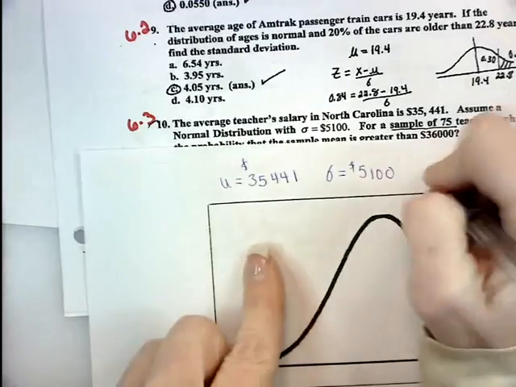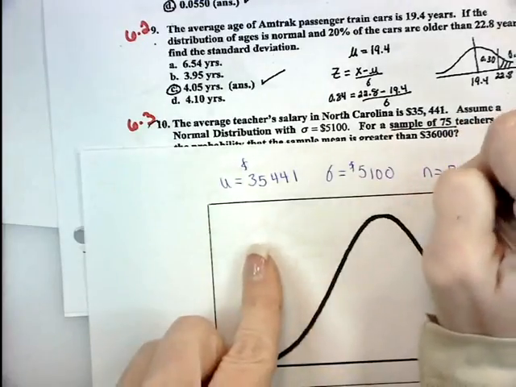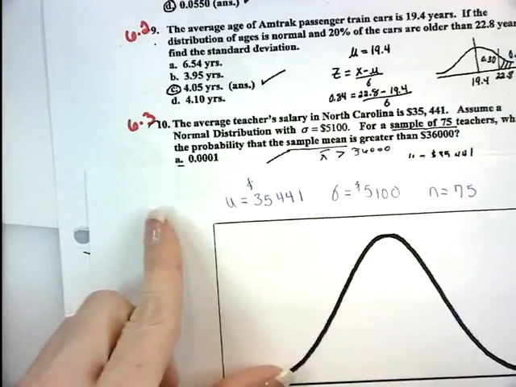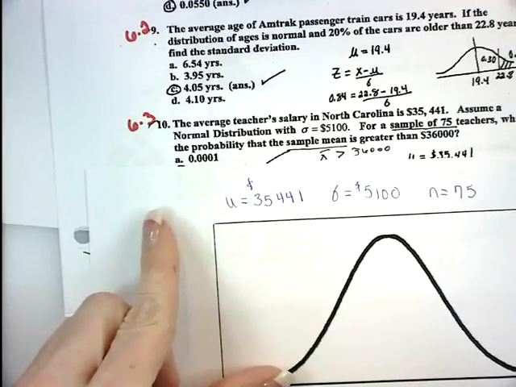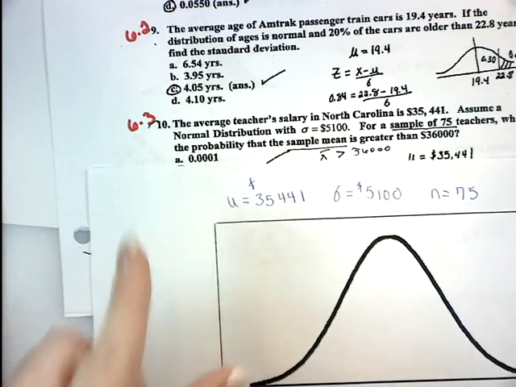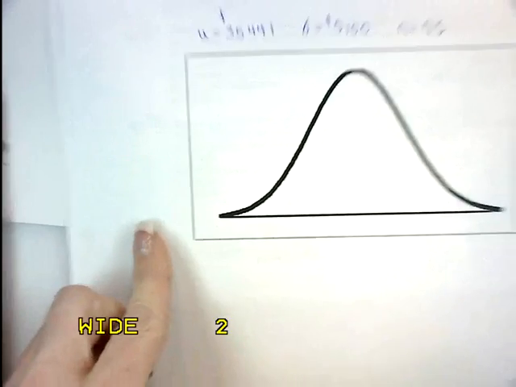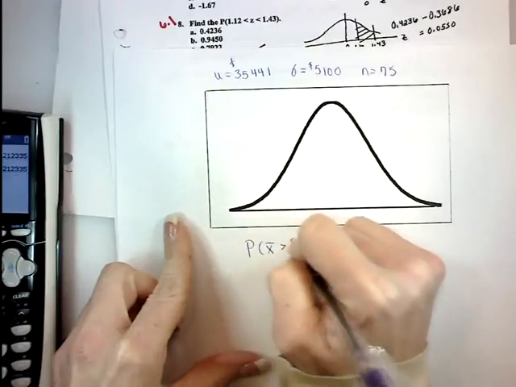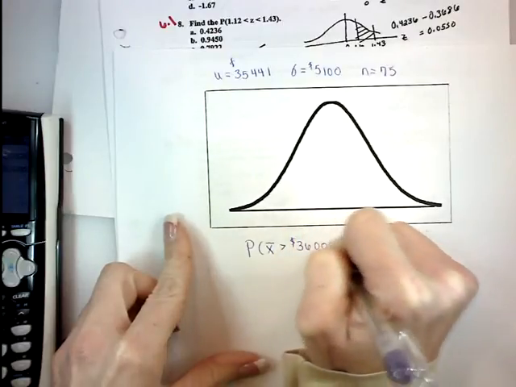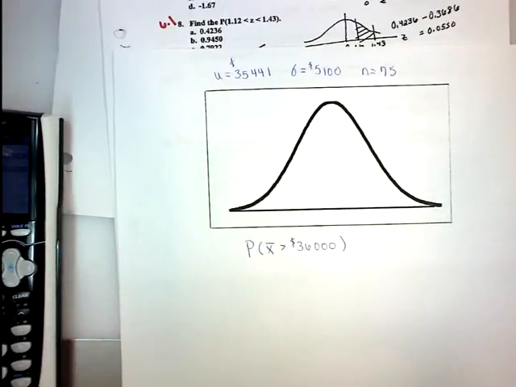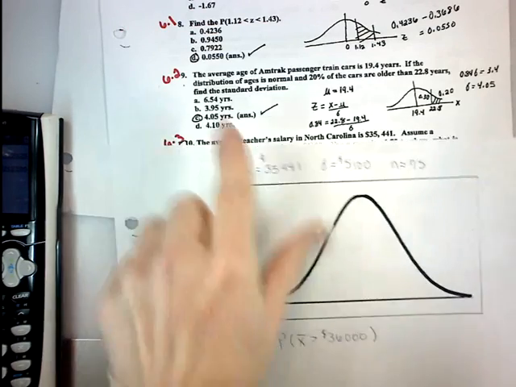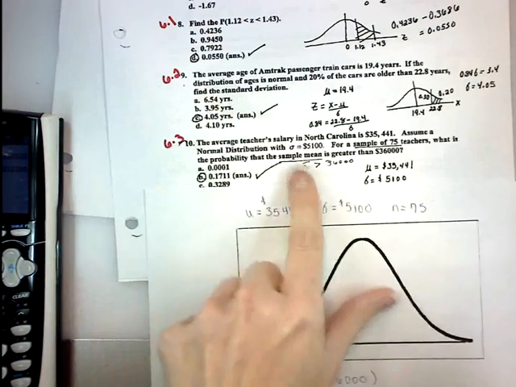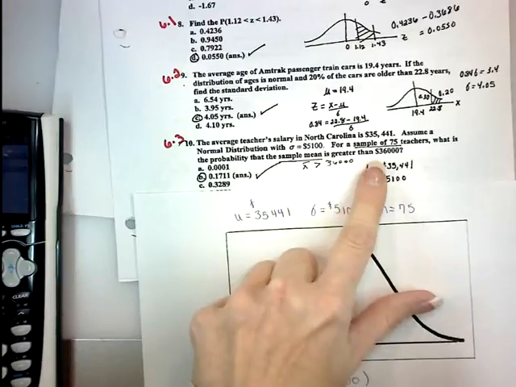For a sample of 75 teachers, what is the probability that a sample mean selected at random is greater than 36,000? So that's going to look like this. X bar is greater than $36,000. A sample mean. It didn't say what's the probability that an individual salary is greater than 36,000.